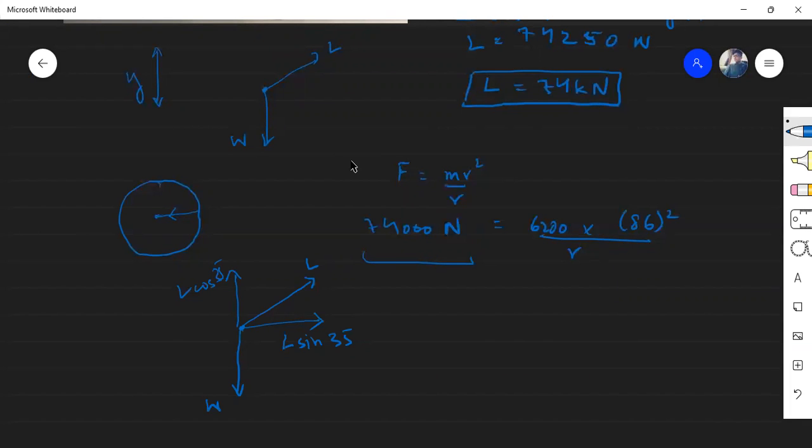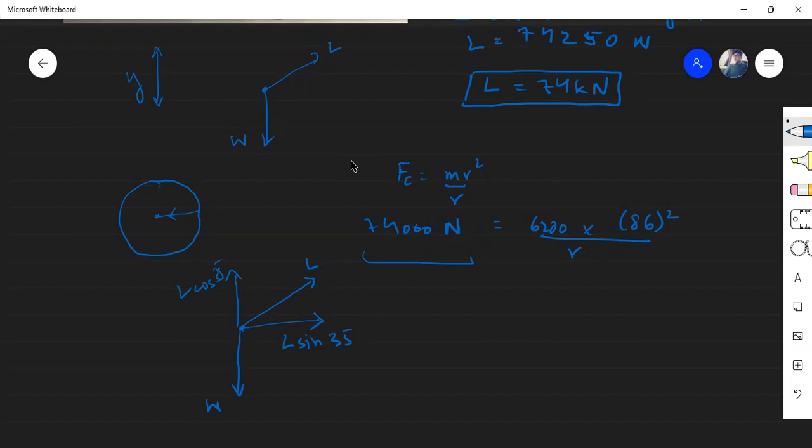So the only force acting towards the center of the circle is this component of L. Just to remind you, this is the centripetal force, so you should always only plug in the force that is causing the centripetal movement, the circular movement.